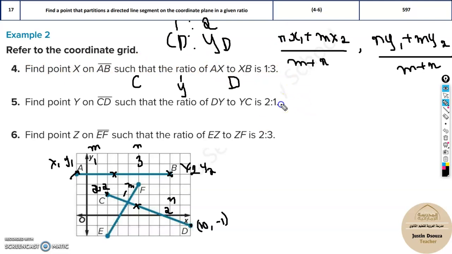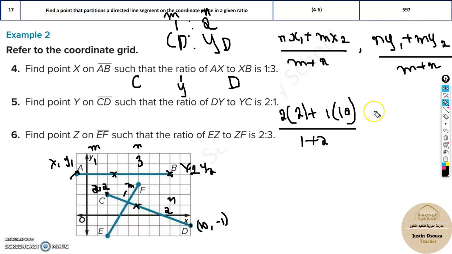Now let us substitute in the formula. The m value over here is 1. The n value is 2. Is that okay? So m, n. First start with n: 2 multiplied by x1, which is 2, plus m, which is 1, multiplied by x2, which is 10, divided by the sum of the ratios, 1 plus 2.